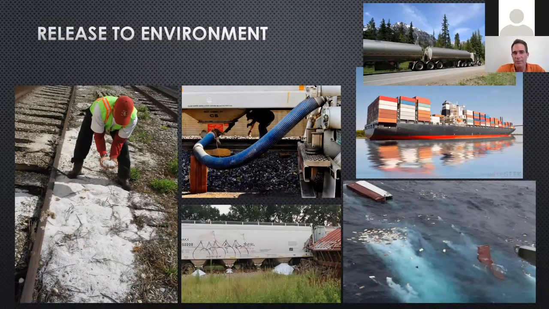So every time they hook up this blue hose that you see here in the middle, little corrugated hose that they pneumatically blow these pellets into rail cars with, every time they hook that up, take it off, a little bit of pellets can fall on the ground. What happens when anything's on the ground? Well, it gets into the nearest waterway when it rains. Then eventually it makes it out to a bay or the ocean.